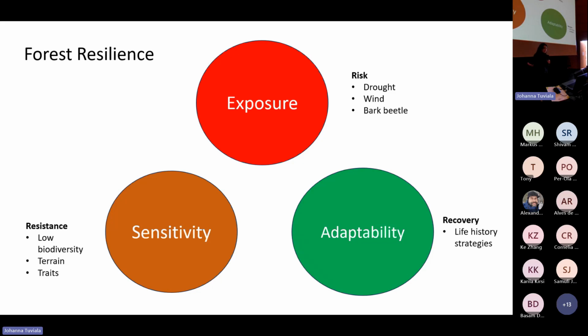And then adaptability: how well is that forest equipped to recover from some kind of disturbance? Do the species have fast-growing life history strategies, etc.? For me, it's useful to think about forest health and resilience as the interplay between all of these things.